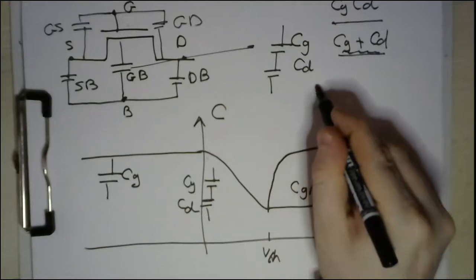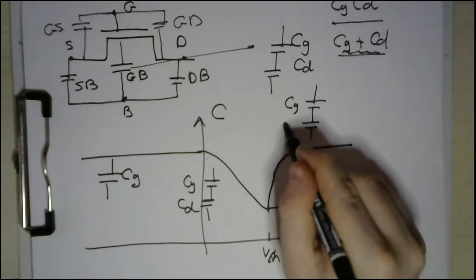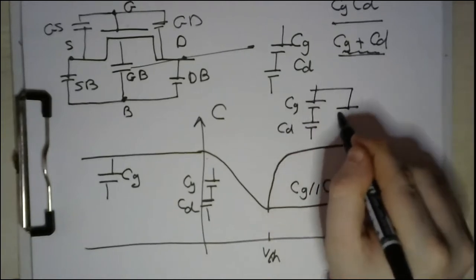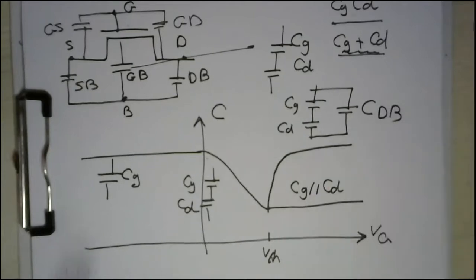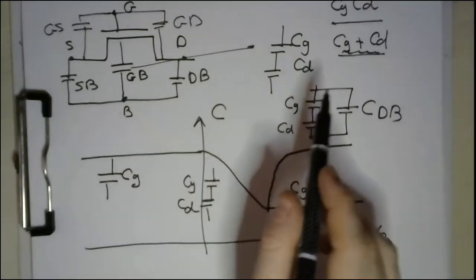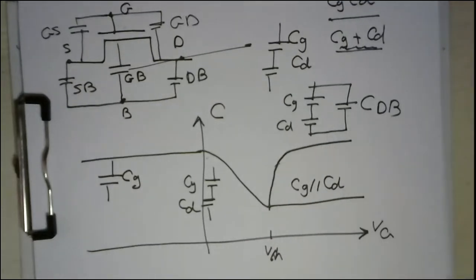Because now your equivalent capacitance will be CG and CD in series, in parallel with CDB, the drain-base capacitance. So this parallel equivalent will act to increase the capacitance again.